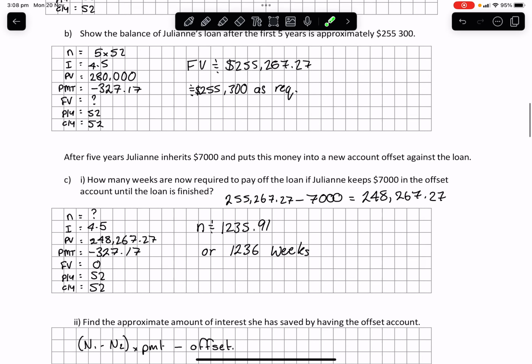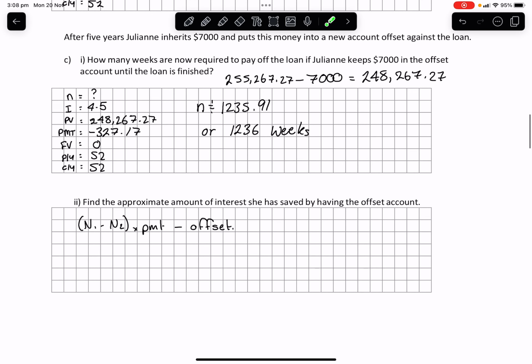So let's find the approximate amount of interest saved. So I've got that same formula, N1 take N2 times PMT minus the offset, because the offset is in the account at the end of the loan. Now, N1 is 30 times 52, which is 1560.